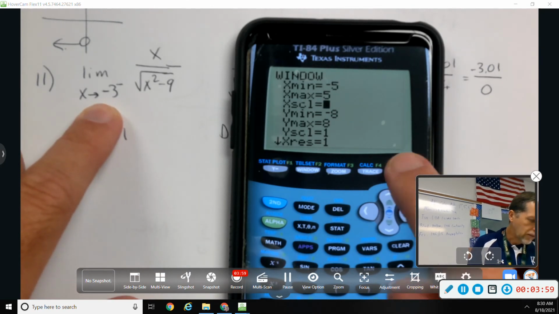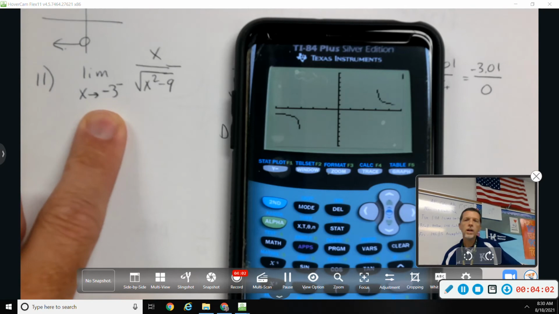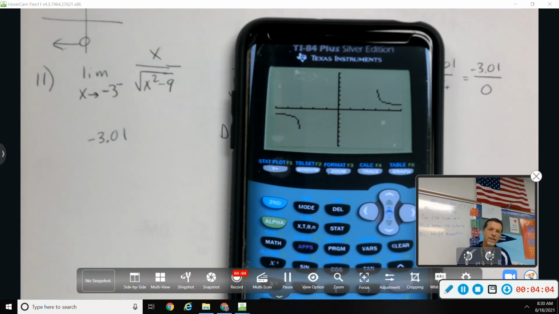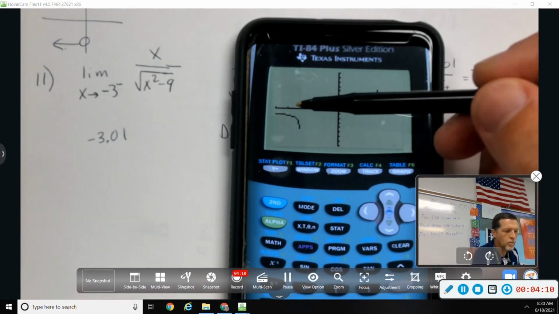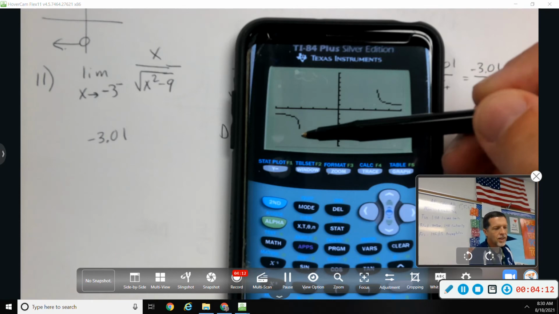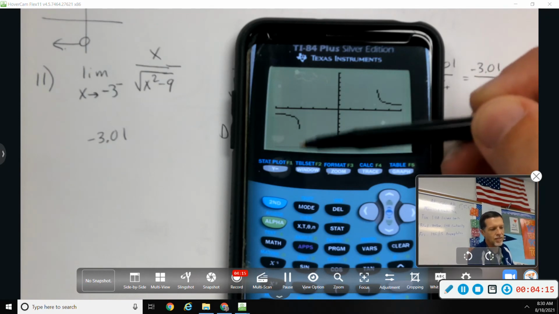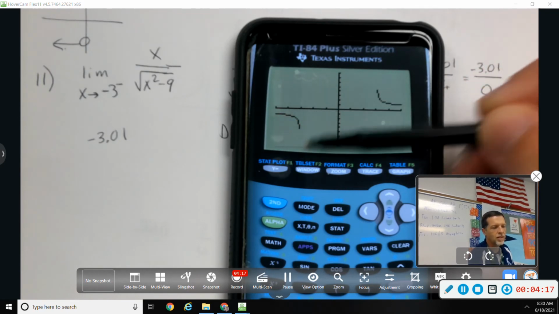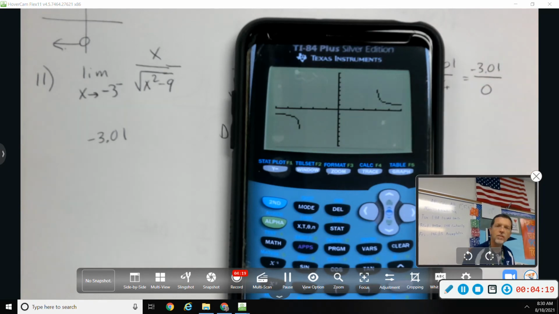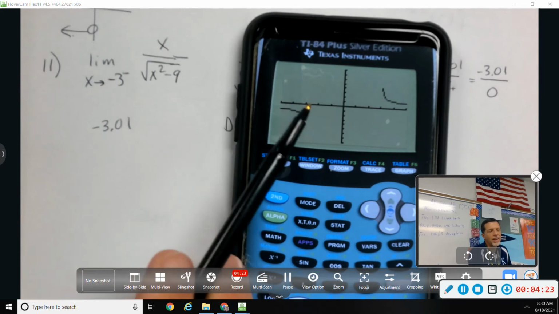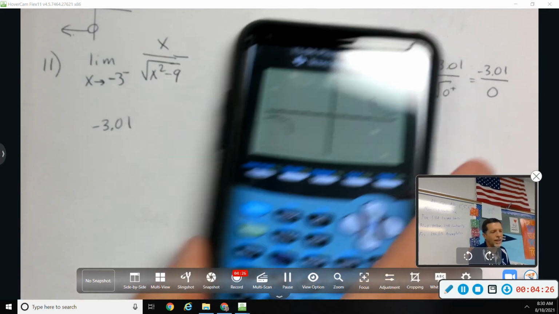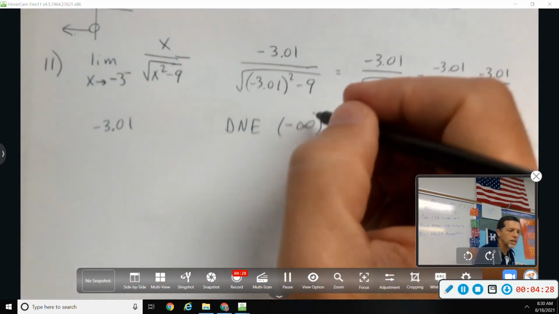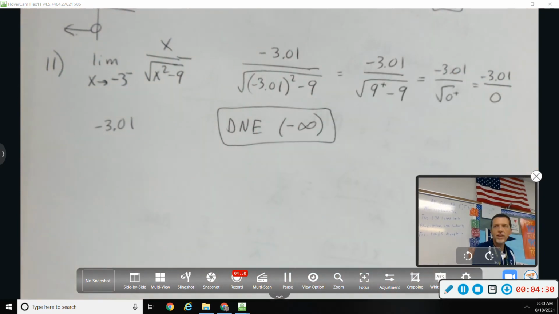So let's see if I'm right. So yeah, negative 3 from the left, it goes to infinity. The calculator just plots points and connects the dots, so apparently it didn't connect the dot down far enough. But even here I can see that we're headed toward negative infinity. But this is one where, if you had a calculator, you could graph it and look at it, but without a calculator, you'd have to use the substitution method.